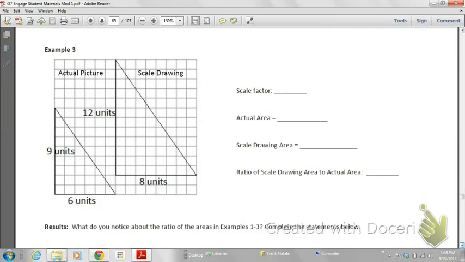We could indeed count all of this up, but it's pretty difficult because we've got little bits and pieces. You can see somewhere here half a square unit is circled. We've got a little piece missing here. So not so easy to do that.